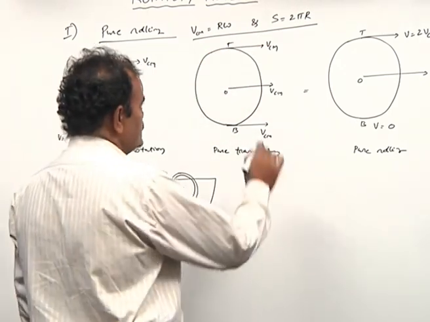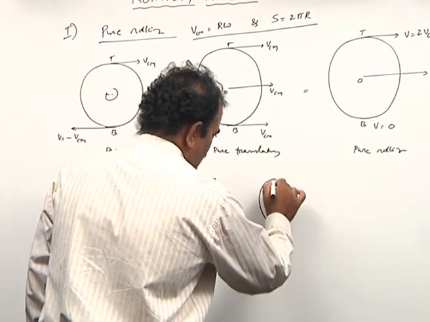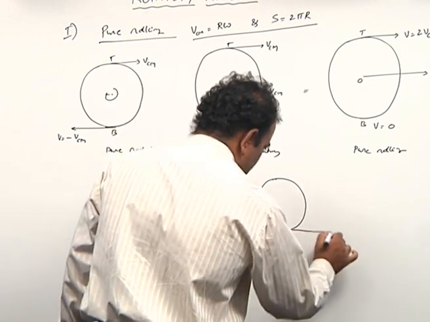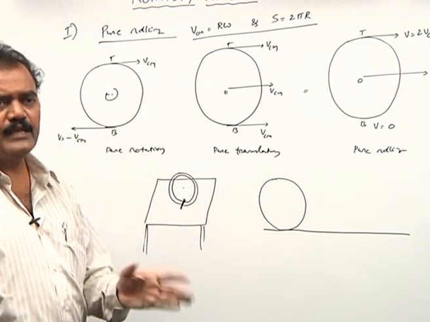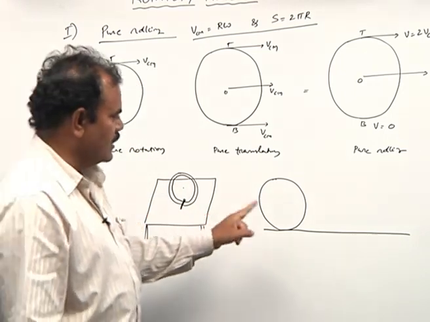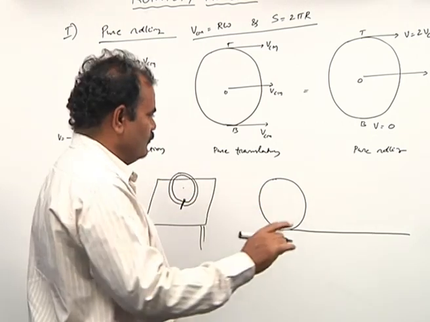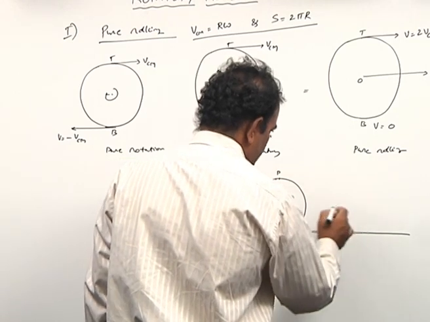S is equal to 2 pi r in one rotation means, suppose you have taken a sphere or a wheel, and you give one complete rotation to that wheel on a horizontal, normal, free road. Suppose you take a point P, and that point P comes here.